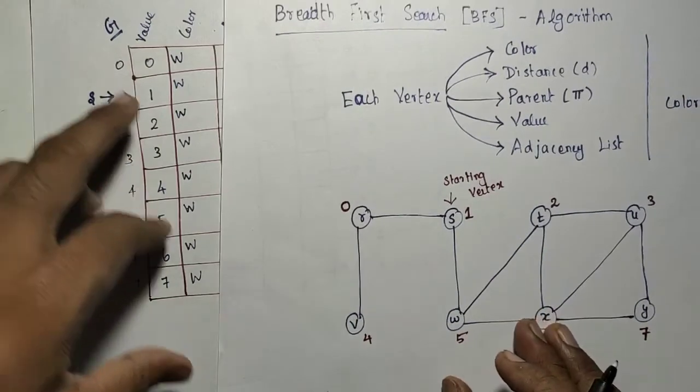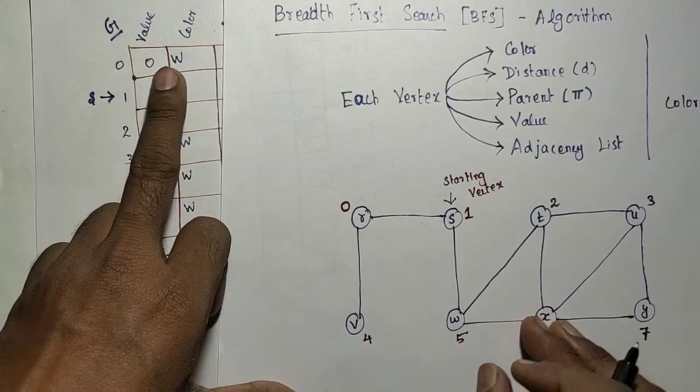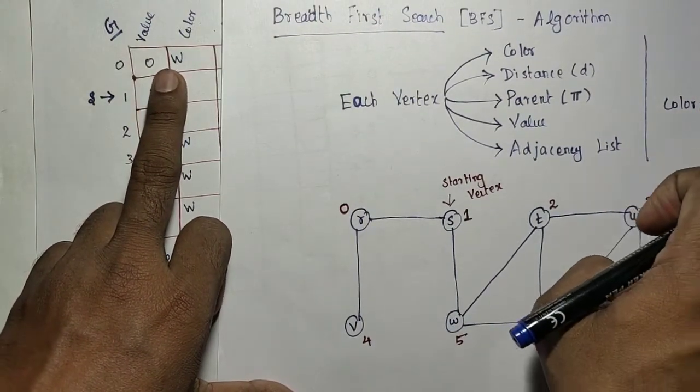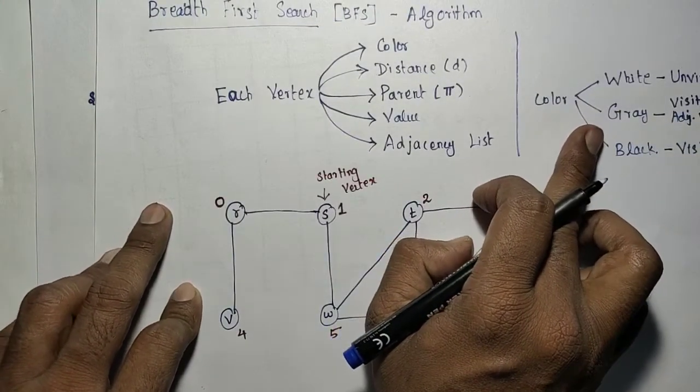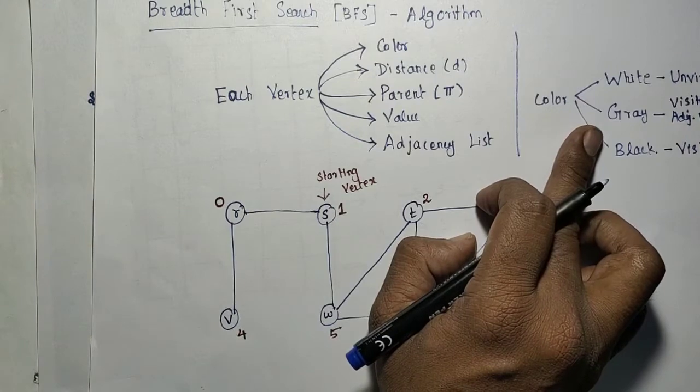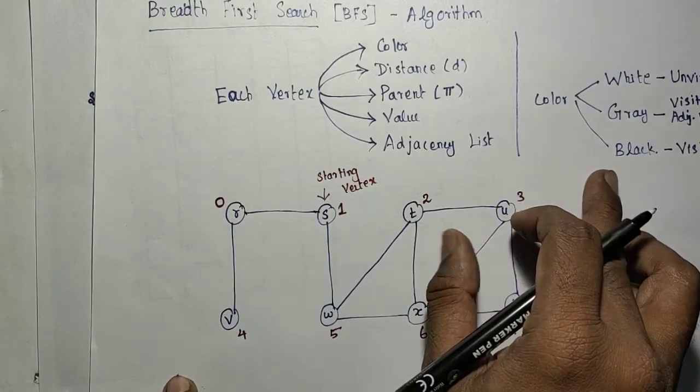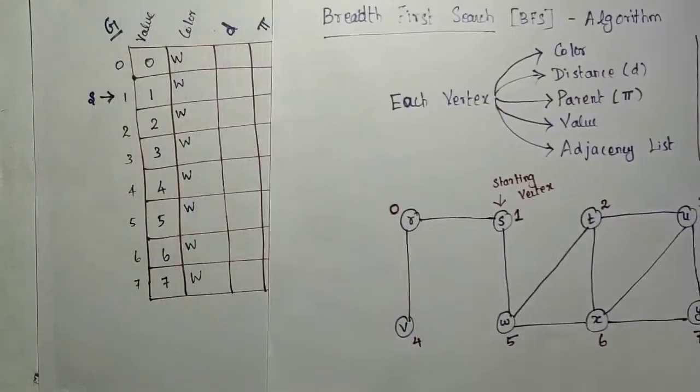When that particular node is visited, it is changed to gray. When that node is completely visited and all the adjacent nodes are over, it will be marked as black. So that is the logic.